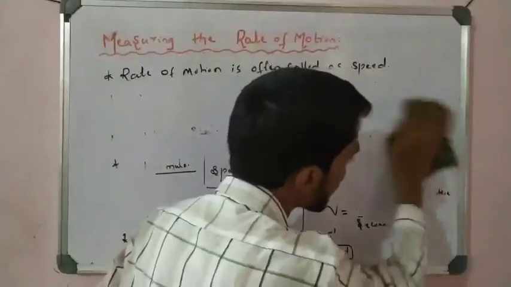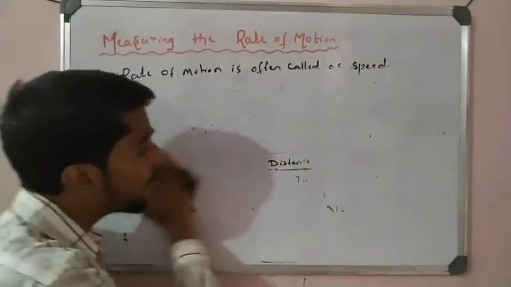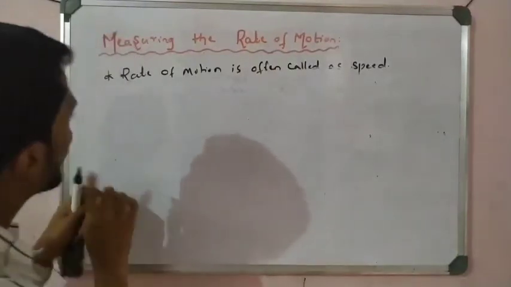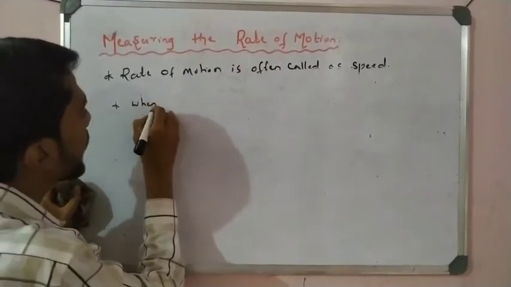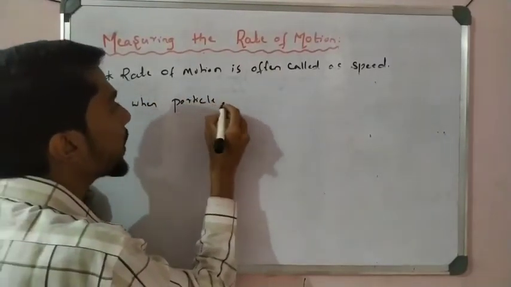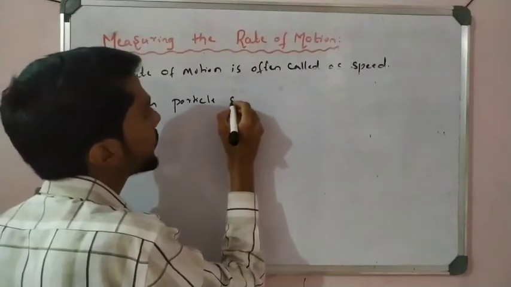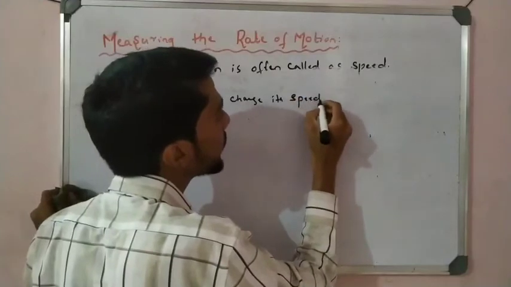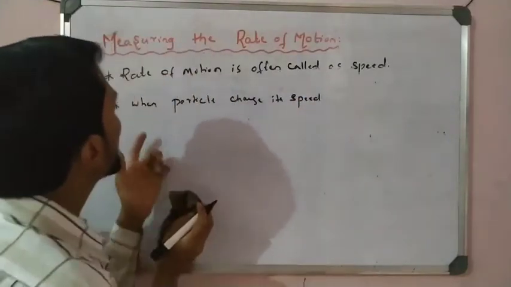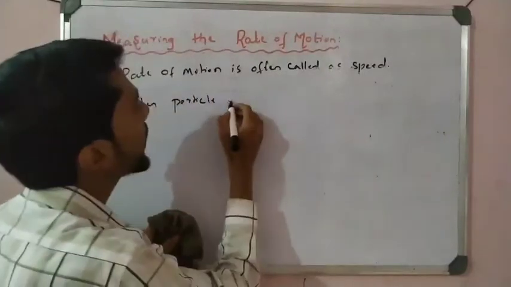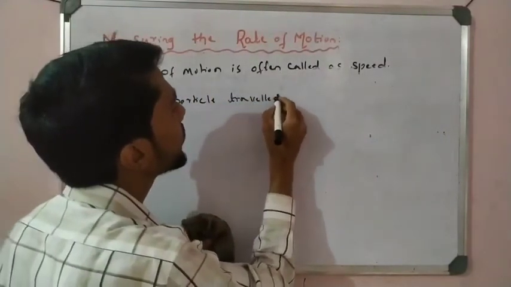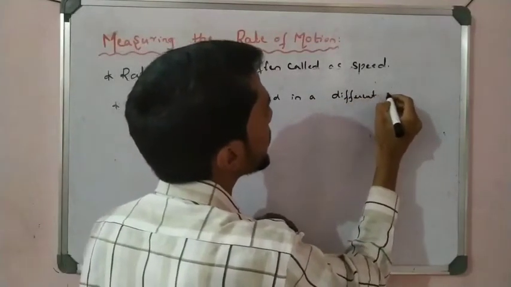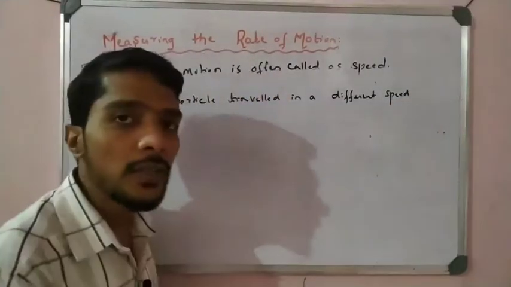So when the particle has non-uniform speed, unequal speed, when the particle changes its speed, when the particle travels at a different speed, the speed is not the same.